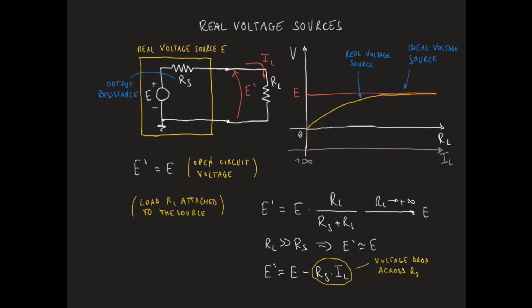On the other hand, a voltage source does not like to work with a short circuit as a load because in that case the current to be provided as well as the power would approach infinity. Note that in this equation, for Rs going to 0, E prime goes to E. Actually, when Rs goes to 0, the real voltage source becomes an ideal voltage source.